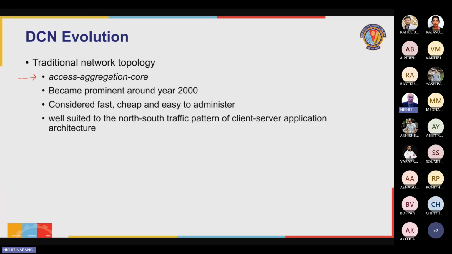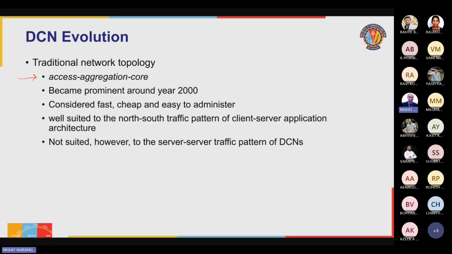The Internet of Services, the second generation of the internet, was becoming prominent, where e-productivity and e-commerce applications were evolving and being serviced via these data centers and the servers that resided there. So it was predominantly client-server application traffic, mostly a north-south traffic pattern, and the access aggregation core topology was very well suited to this kind of traffic pattern.